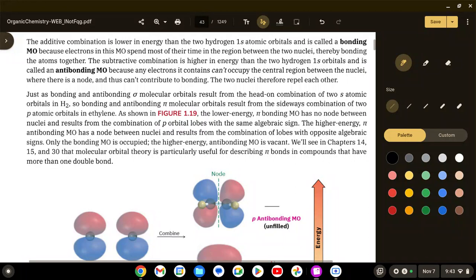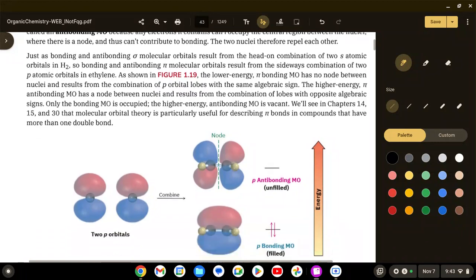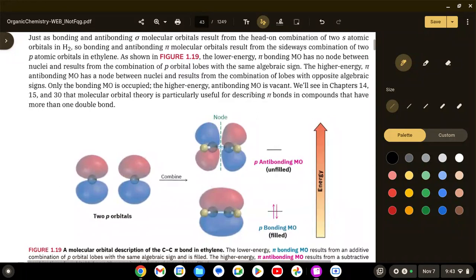The subtractive combination is higher in energy than the two hydrogen 1s orbitals and is called the antibonding MO because any electrons it contains can't occupy the central region between the nuclei, where there is a node, and thus can't contribute to bonding. The two nuclei therefore repel each other. Bonding and antibonding sigma molecular orbitals result from the head-on combination of two s atomic orbitals in H2.